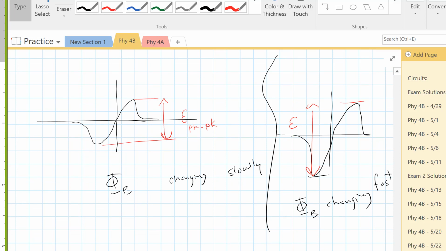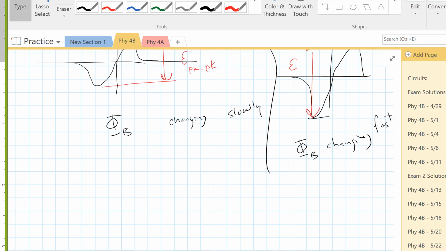So the first thing you're going to do is look at the data. You're going to plot the EMF, the peak-to-peak EMF, that total generated EMF, versus the velocity of the magnet, because the velocity of the magnet is proportional to d flux dt.